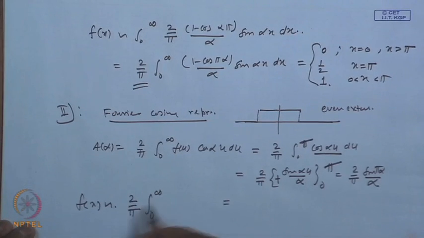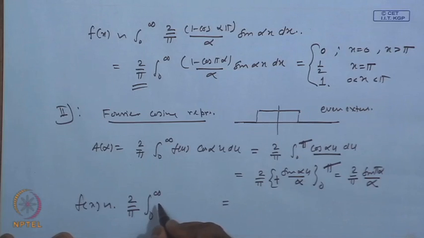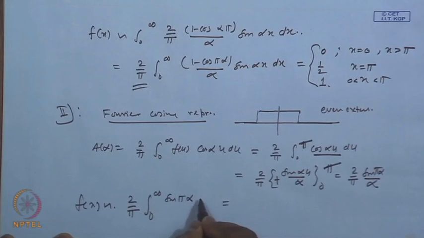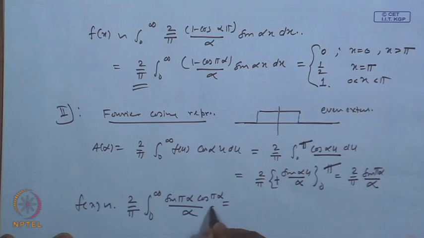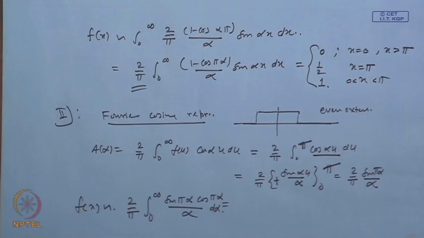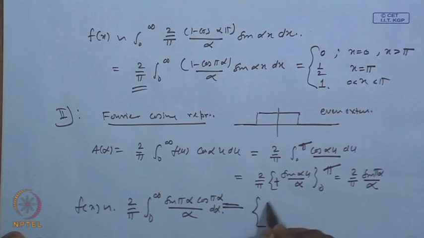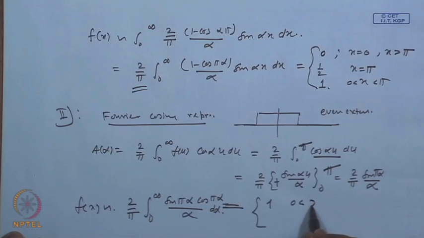So, this Fourier integral representation will be sine pi alpha and cos pi alpha, divided by alpha d alpha. If you want to have the value of this integral, it will be 1 as usual when x is between 0 and pi.